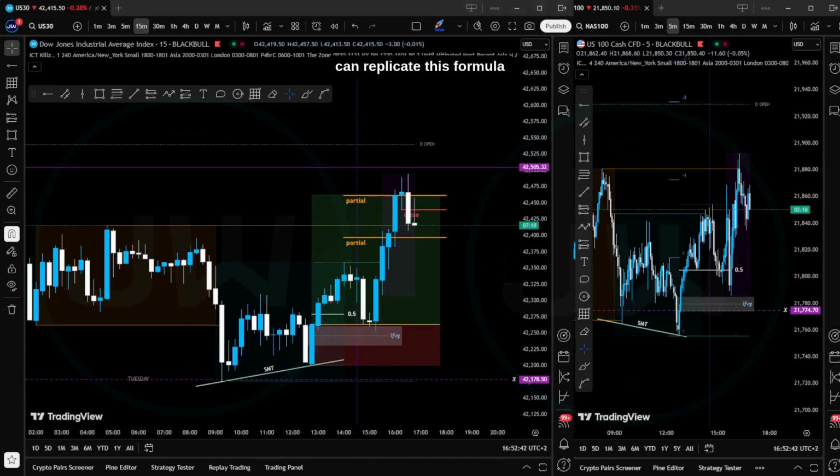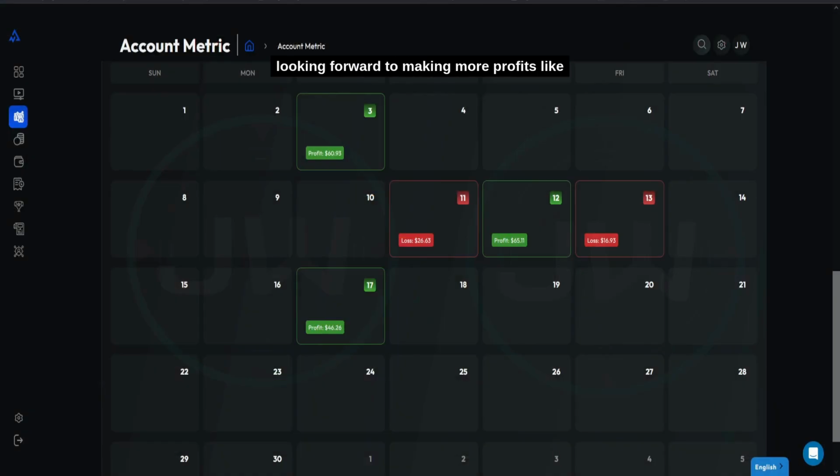Hopefully we can replicate this formula at a consistent level constantly every week. So yeah, looking forward to making more profits like that. It was a relatively small trade. It wasn't the full $30 that I risked. It was more like about $20 or so.